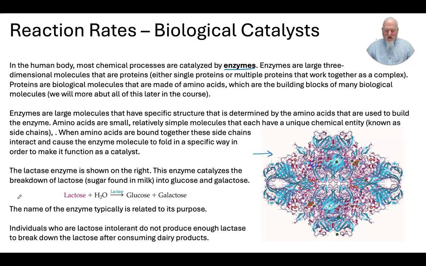We can also see, like in here, there's these dots. Those dots are usually some sort of metal ion. And in a lot of enzymes, there are metal ions, and those metal ions help the enzyme fold and cause reactions to occur properly.